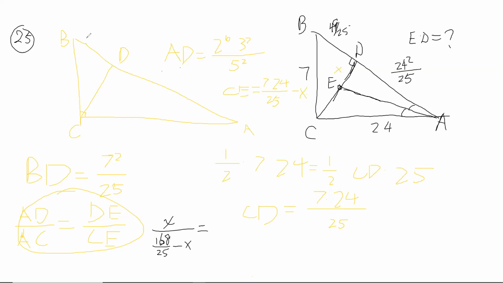So that's the ratio AD over AC. This ratio is 24 over 25, is that right? Yes. So you cancel that out, it's just 24 over 25. So you can solve for x here.